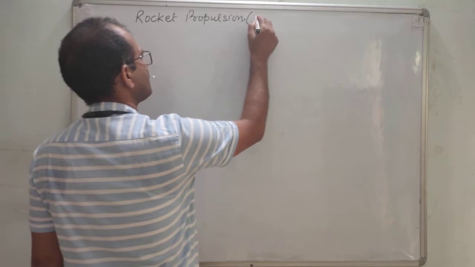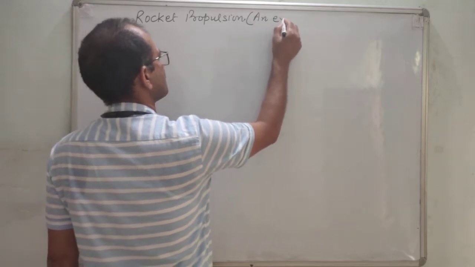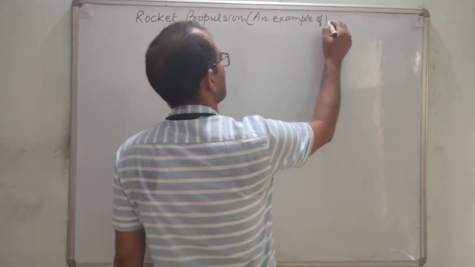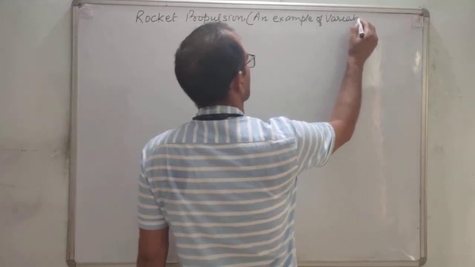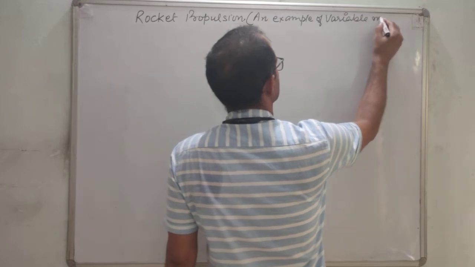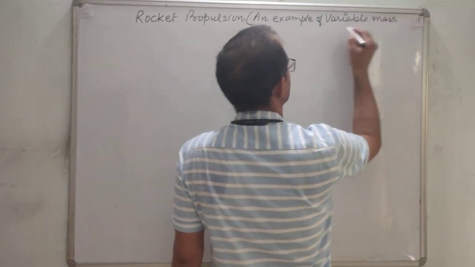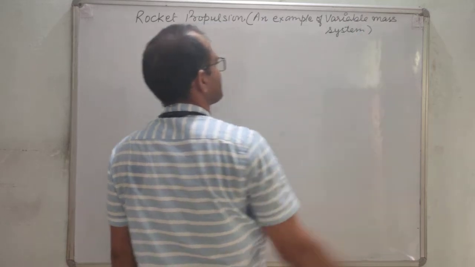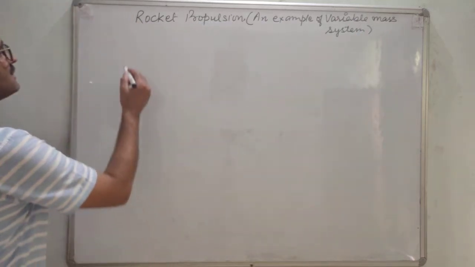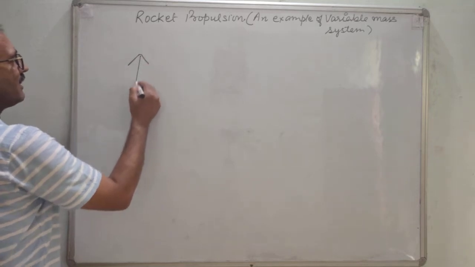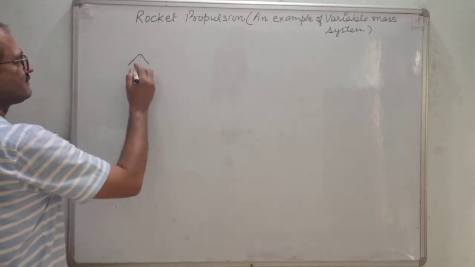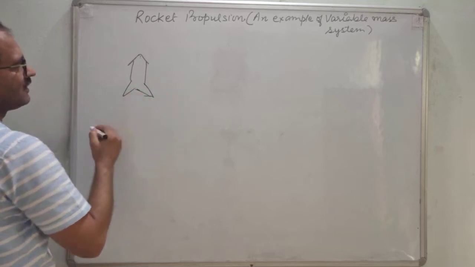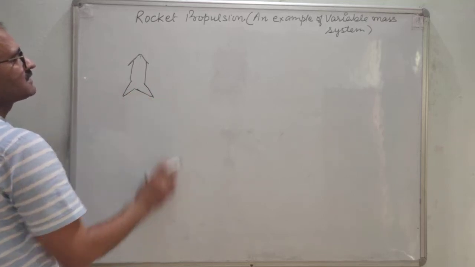An example of a variable mass system. Let me consider a rocket moving in interstellar space.